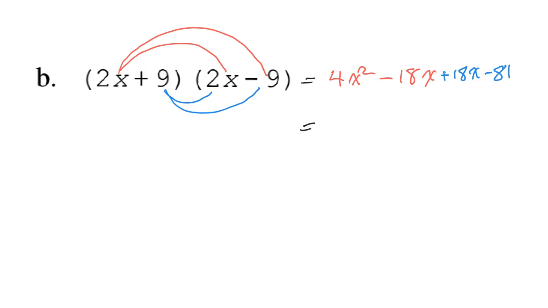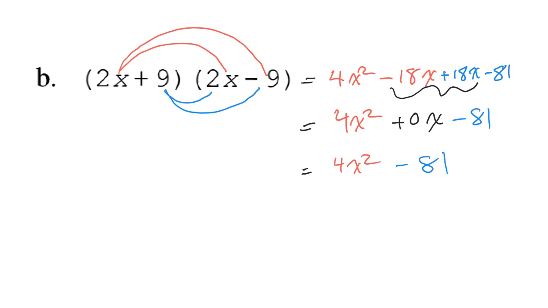So now you're left with 4x squared, and then we're going to add these two. You're going to get plus 0x minus 81 equals 4x squared minus 81 as our final answer. So you've seen these before. We used to call these types of things the precursors to a thing called the difference of squares. You will see these in the third lesson of the unit.